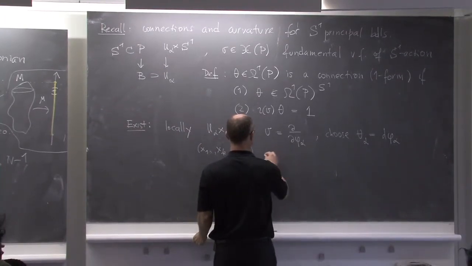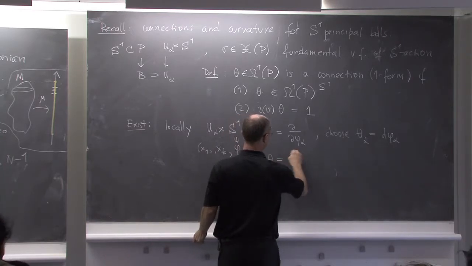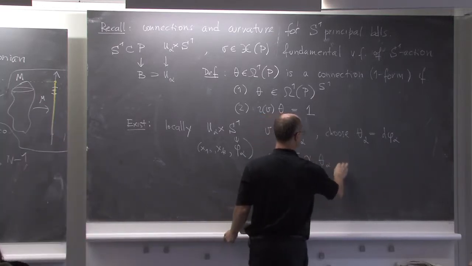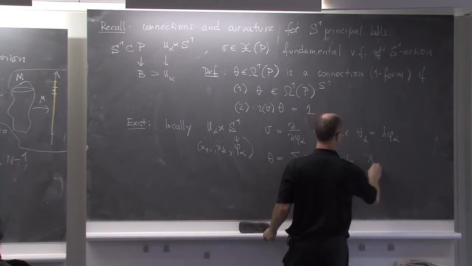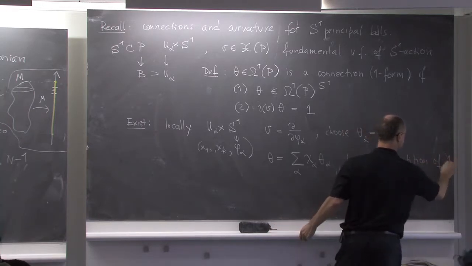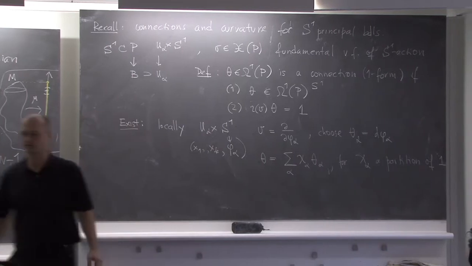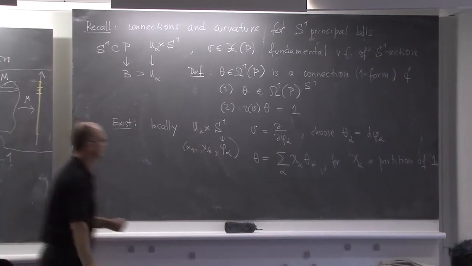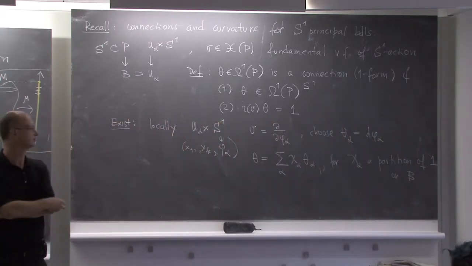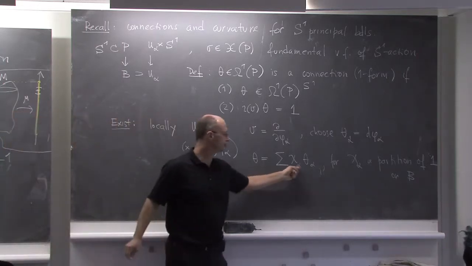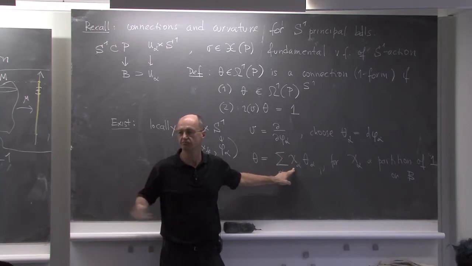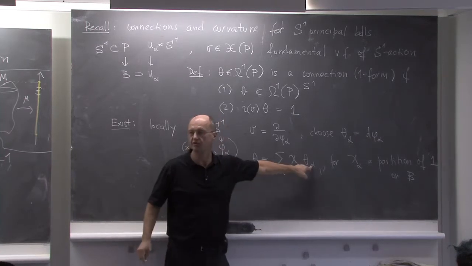And well, choose a partition of unity and define theta to be equal to the sum over alpha of chi alpha theta alpha, for chi alpha a partition of unity on B. Since all chi alpha functions are automatically S1 invariant, the whole thing is S1 invariant.